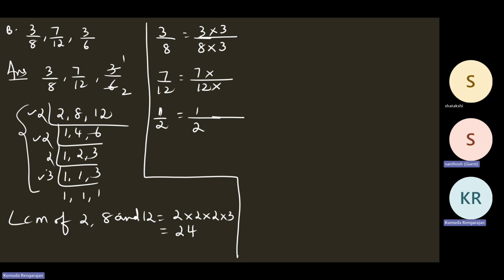So you have to multiply the numerator and denominator by 2, because in 7 by 12, the denominator is 12. So leave 12. You don't see the number 12, but what makes 12? 2 into 2 is 4, 4 into 3 is 12. Leave those numbers. Now the remaining number is 2. So multiply the numerator and denominator by 2.